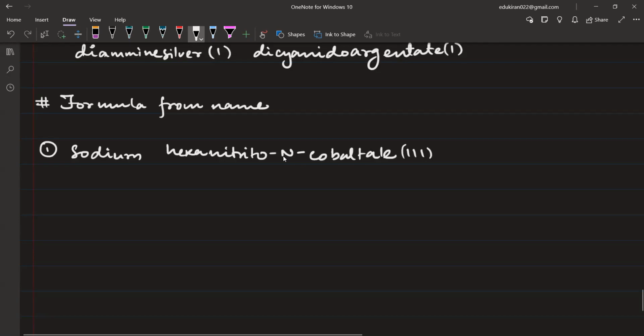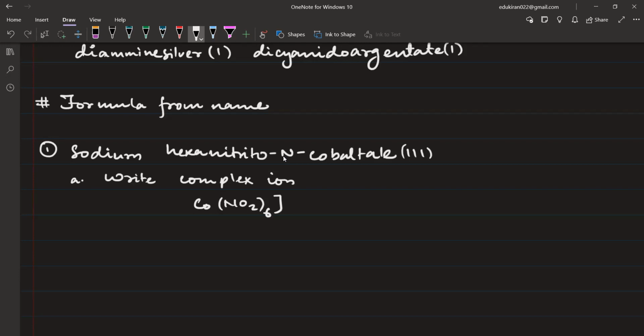Okay, first thing that you are going to do is write the complex ion. So if I write the complex ion, it is going to be cobaltate here. So you will have cobalt and hexanitrito. Nitrito is NO2, whole 6.